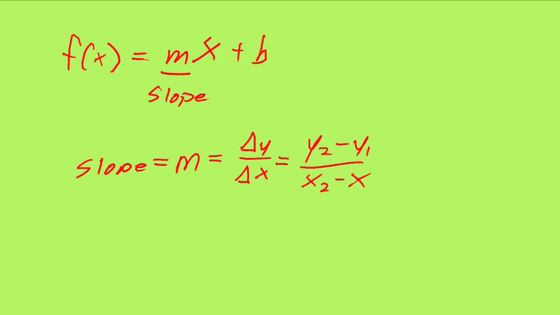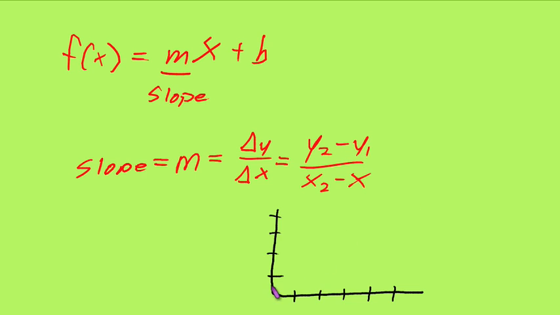If you were to make a graph, let me change my color here. I always have trouble making square graphs on this tablet. Alright, here we go. 1, 2, 3, 4, 5. 1, 2, 3, 4.